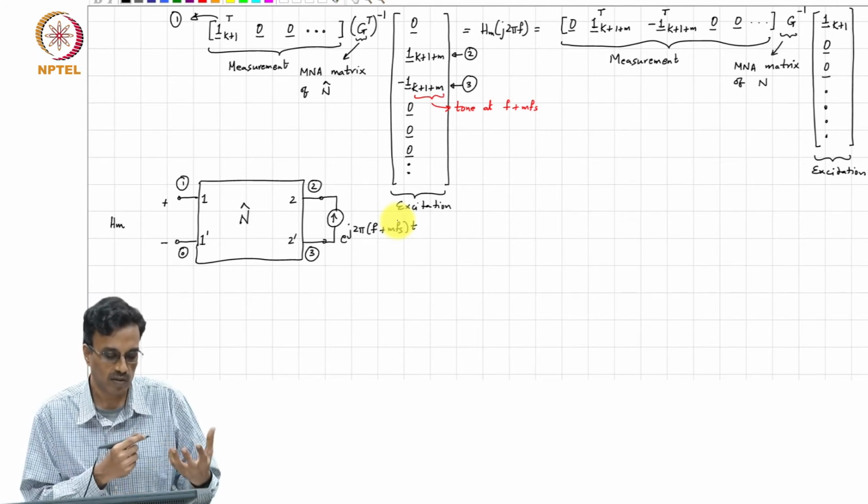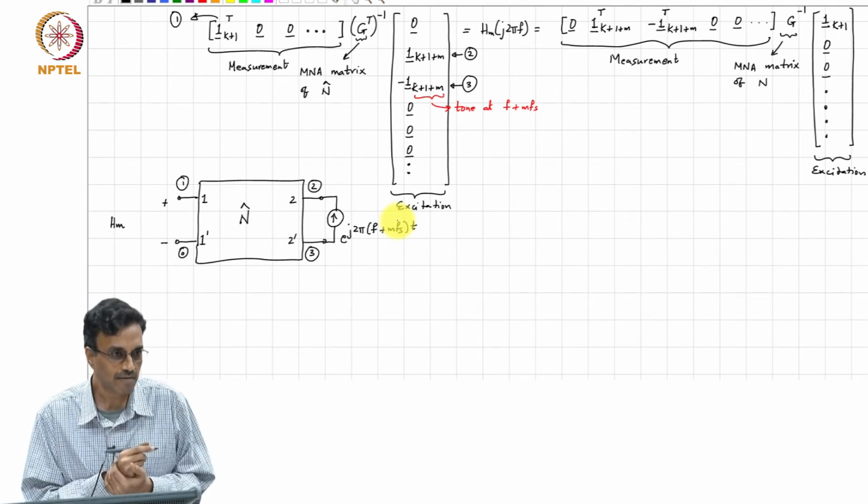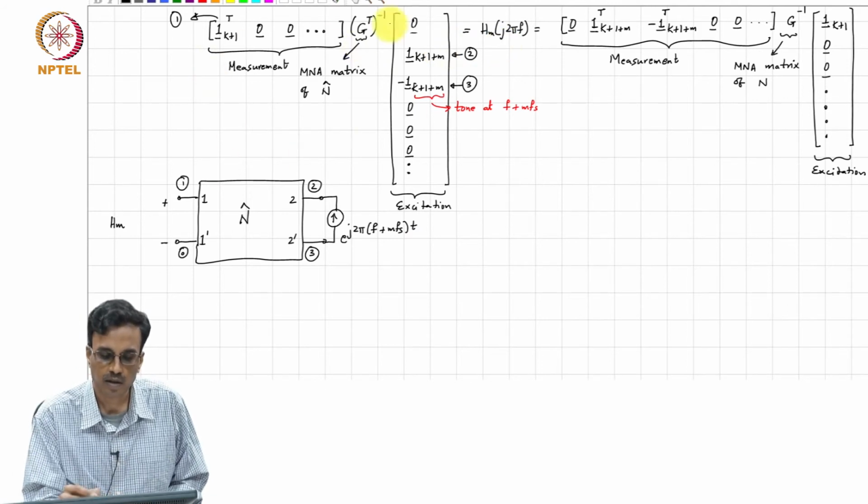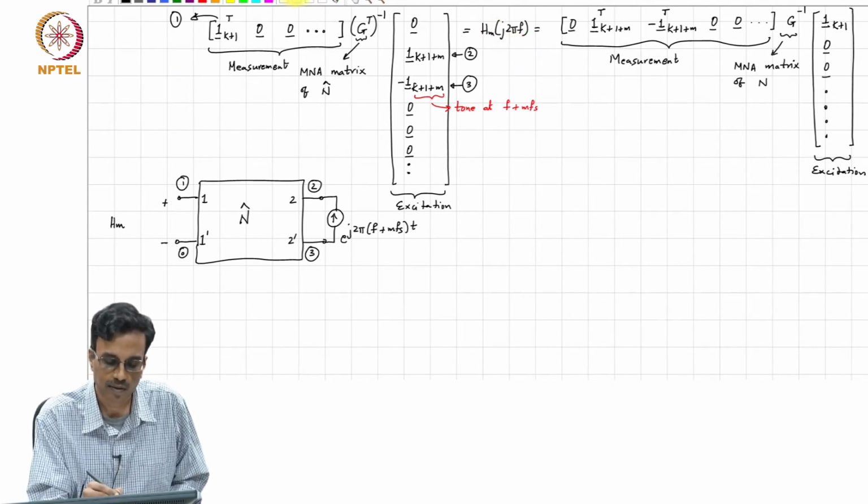What is the magnitude, what is the strength of the tone you will get at f? What is this equation telling us? Output at f.